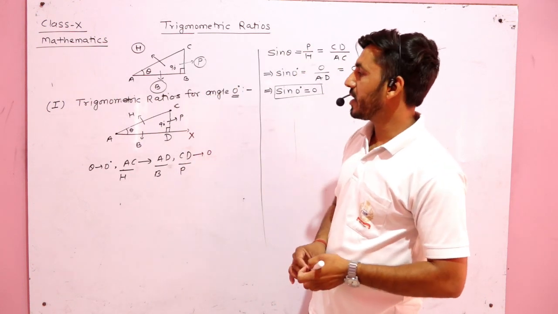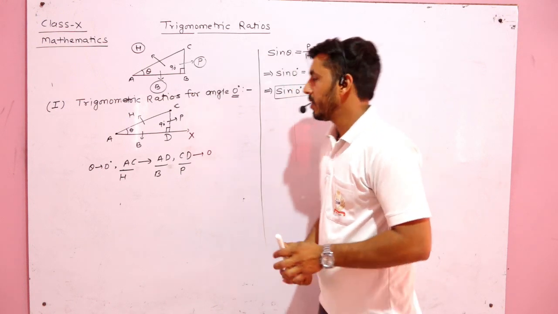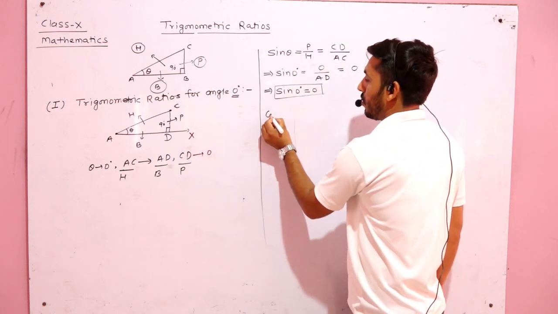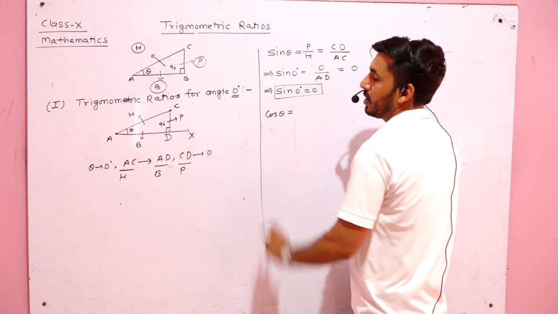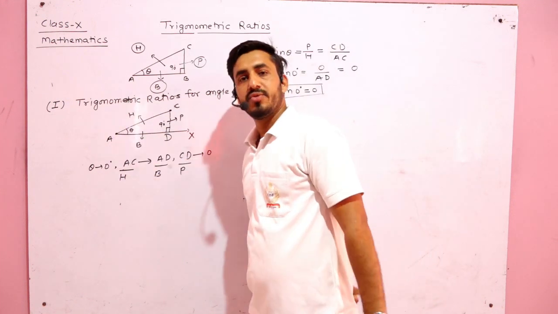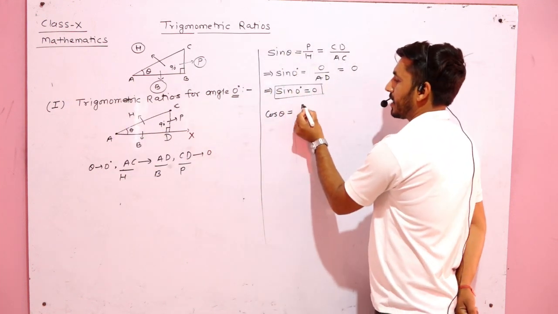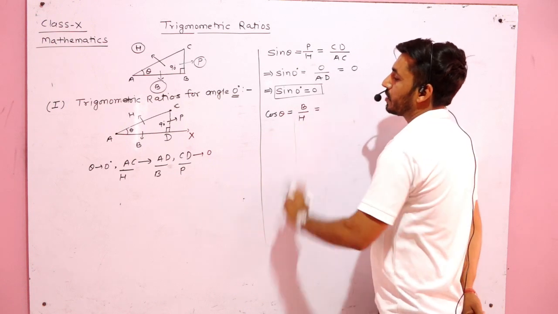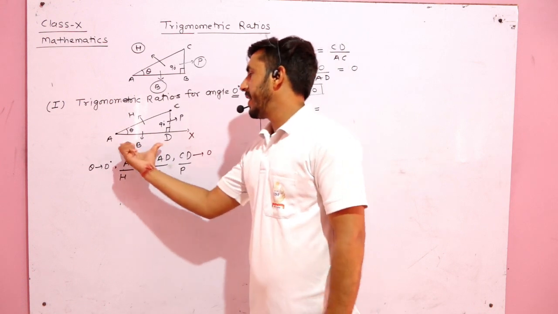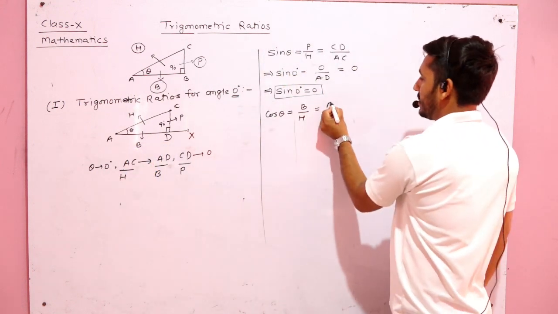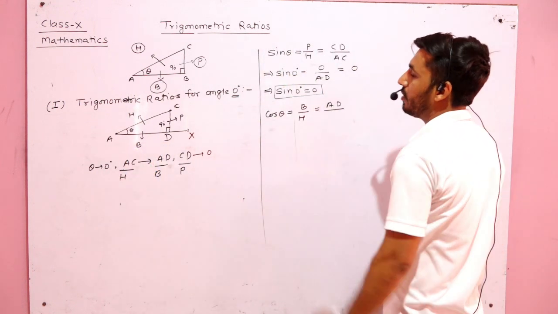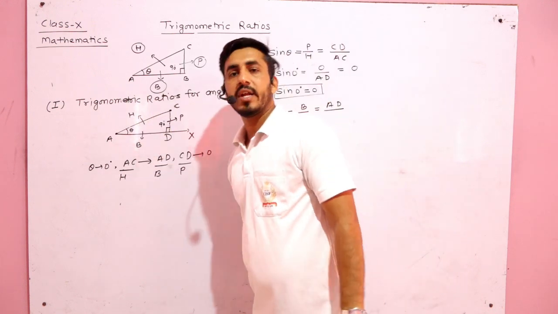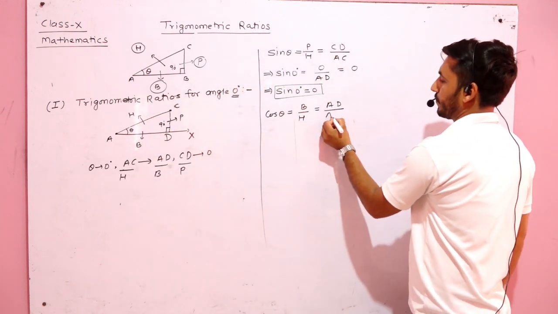The next trigonometric ratio is cos theta, and we know the value of cos theta is equal to base upon hypotenuse. What is the value of base? It is AD. And the hypotenuse is AC.